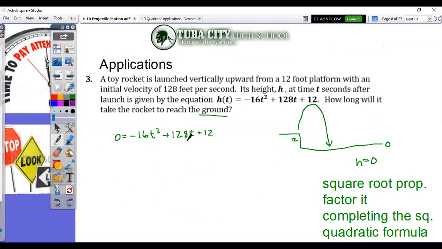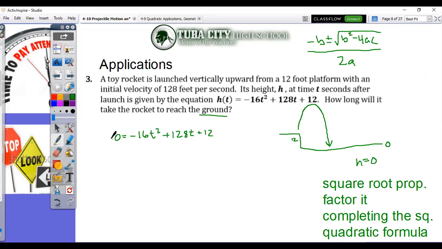Now, again, quadratic formula is a little bit tough to remember, but it's negative b plus and minus the square root of b squared minus 4ac, all over 2a. And again, that's a little bit to remember, but it's worth it if you need it in a case like this. We do need it.